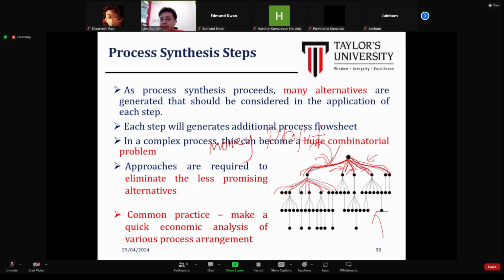And actually there is an equation we can apply in order to calculate the gross profit that we can make based on all the identified possible reaction or process pathways here. The method we call economic potential.